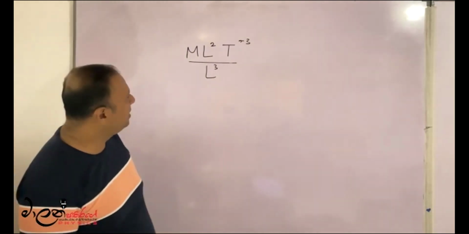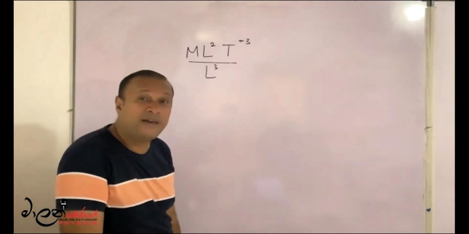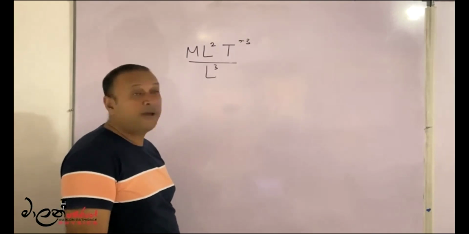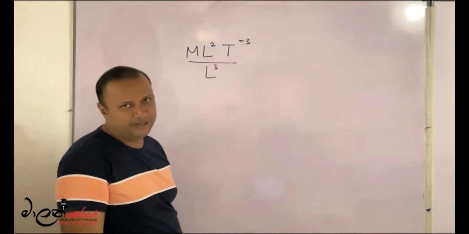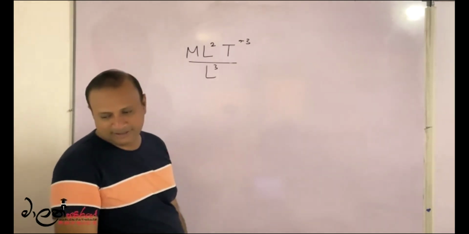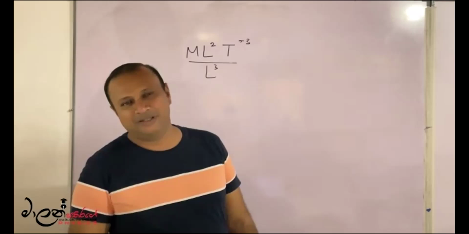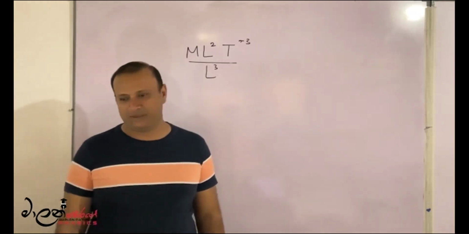The dimension of pressure is M L minus 1 T minus 2. Now there is T minus 3, which is not equal. Therefore, the second one is also wrong. Definitely, the correct answer should be answer number 5.